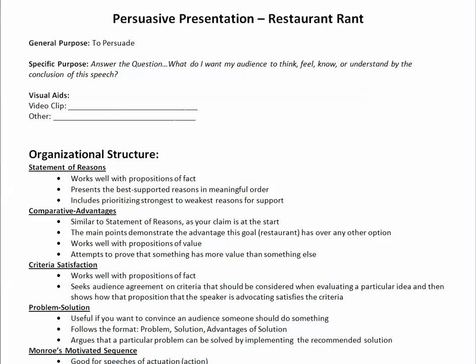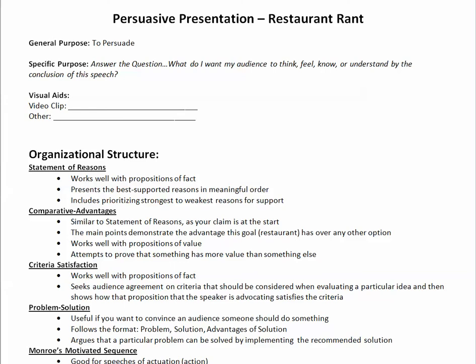This is a very quick breakdown of the Persuasive Presentation Restaurant Rant format sheet. The first page of this handout is meant to mirror some of the expected information that I expect from you prior to your outline. This is usually the front part of the outline, the first four things that I'm looking for.